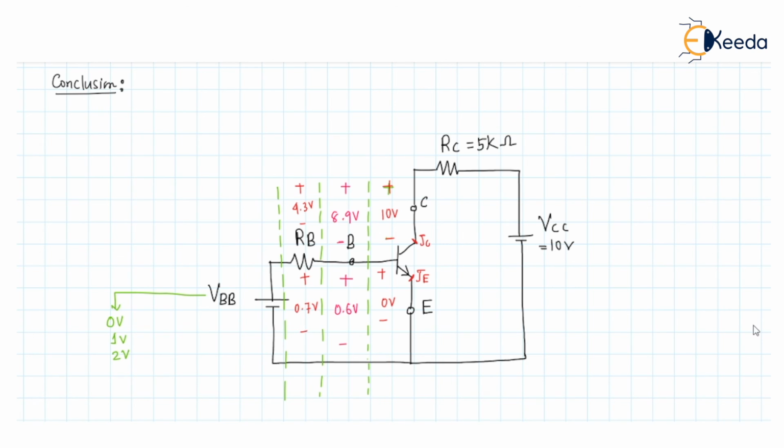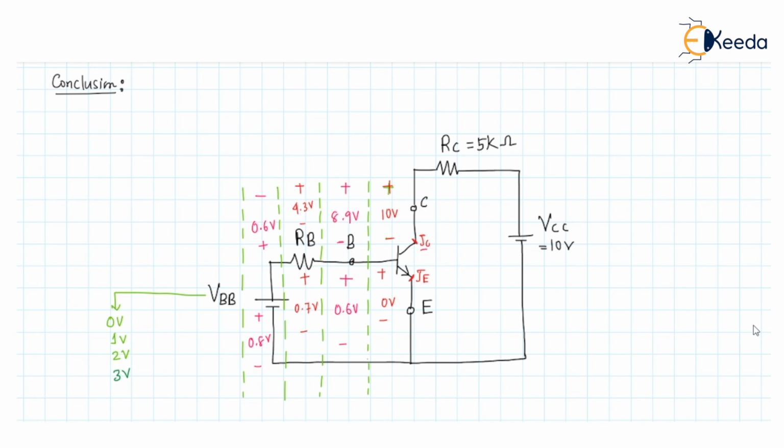So the transistor was in the active region, and after that we have given the value of VBB as 3 volt. That's why the VCB value has changed to negative 0.6 volt, and here the VBE was 0.8 volt.